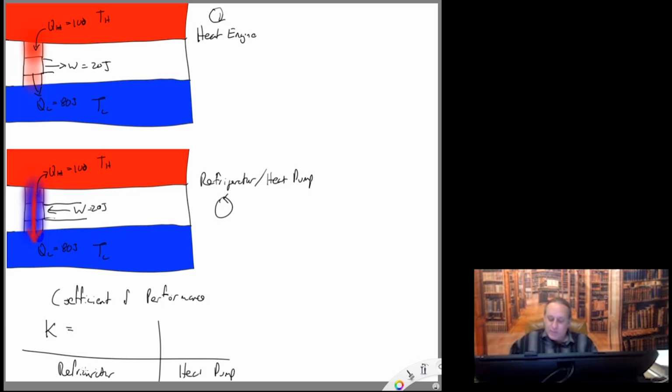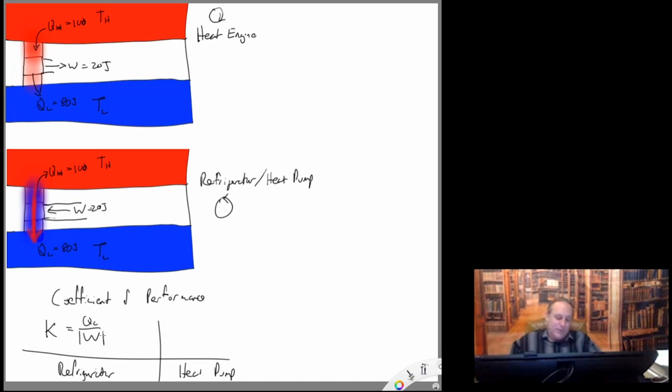So for a refrigerator, what we're concerned with is the QC over the work. But we have to be a little careful about the signs, because when we reverse our cycle, the work is a negative number.